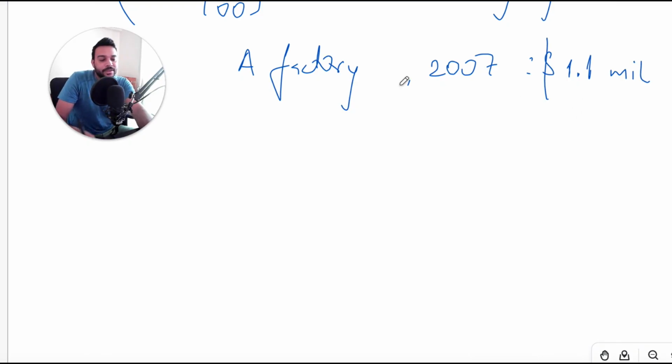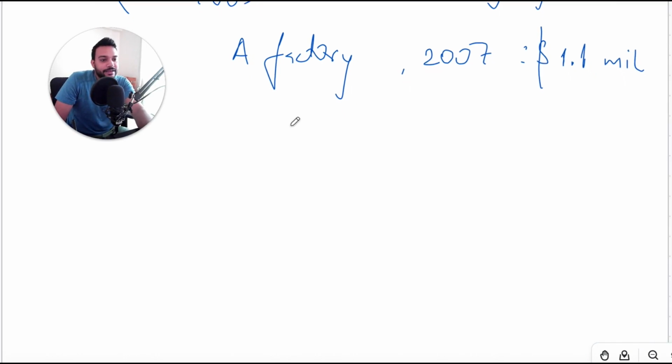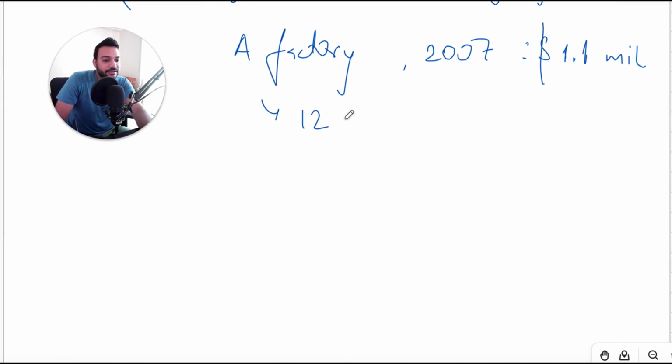Okay, $1.1 million in 2007. Every year it's increasing by 12%. After n years, what's the value going to be? Quickly write an exponential function. Try it out on your own.